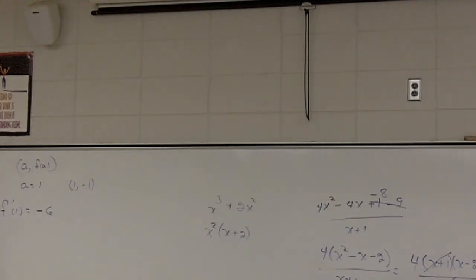Is that f prime of a you're putting there up top? No, that's to get this point over here, which is just substituted right in here. What's the equation? I'm not gonna simplify it all the way, you can go there. It's gonna be y plus 1 equals negative 6 times x minus 1. Yep.